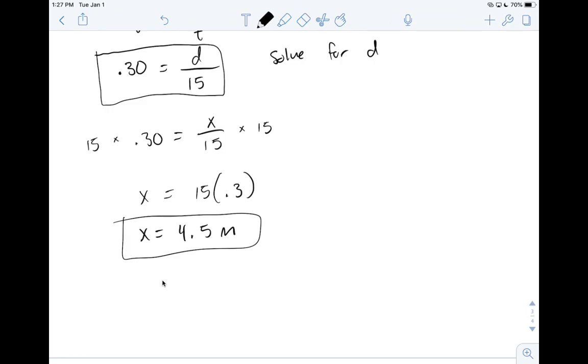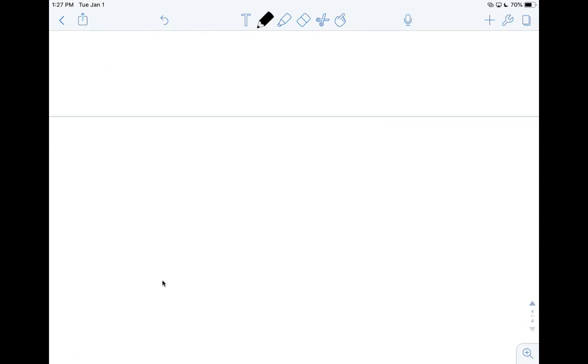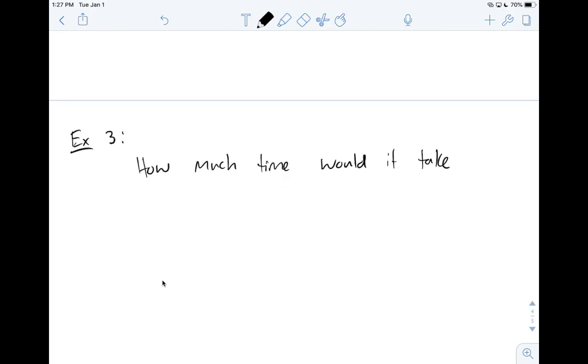Let's do one more. Okay. So last example, example 3. We want to know how much time it would take for a car traveling 10 meters per second.